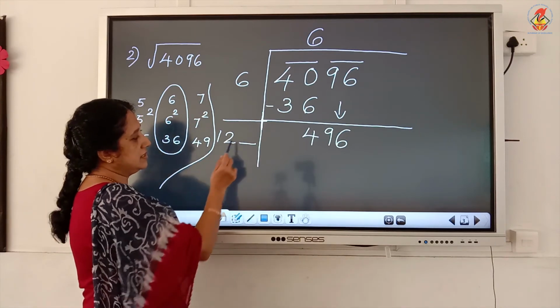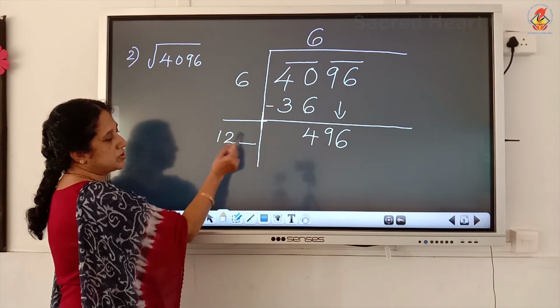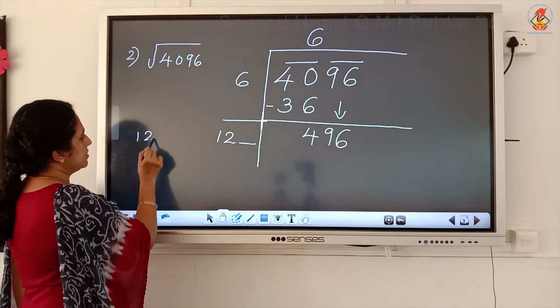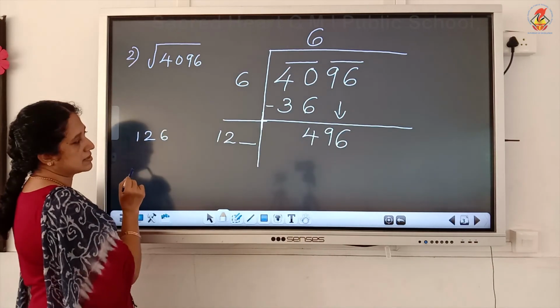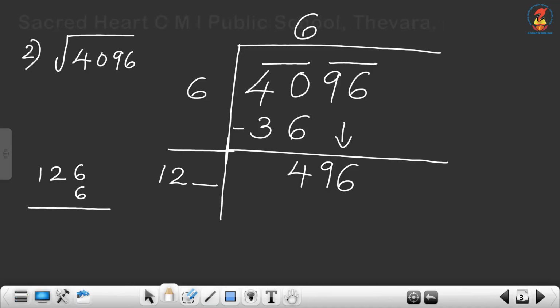So which digit can we take here? Now the possible digit. Suppose we take 6, here also 6. 6 6s are 36, carry over 3, 6 2s are 12, 12 plus 3 is 15, 126 into 6 is 756, not possible.